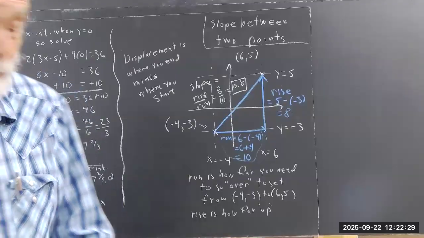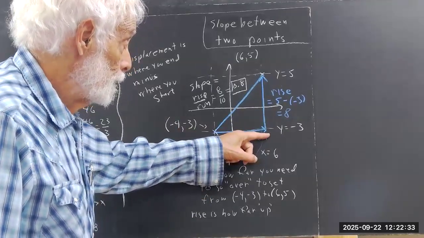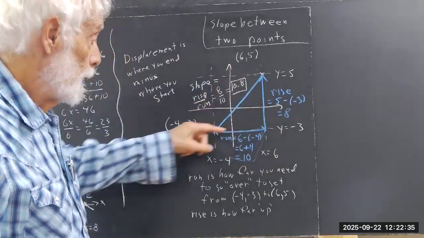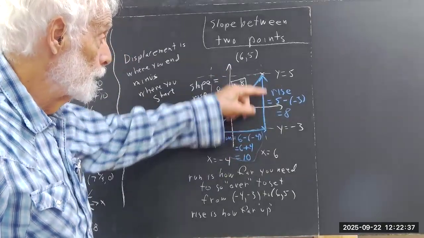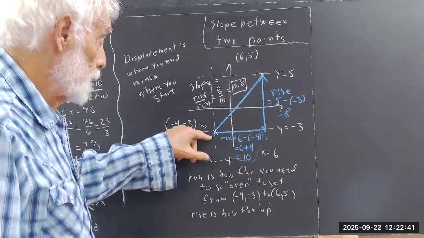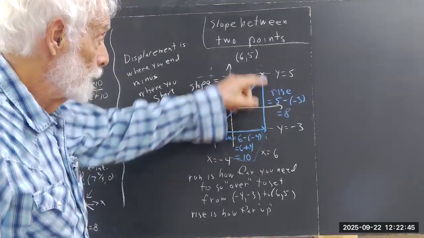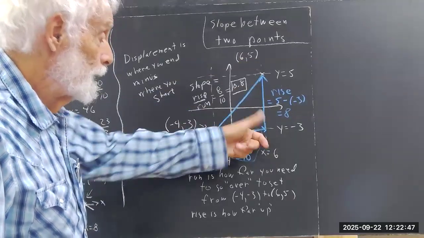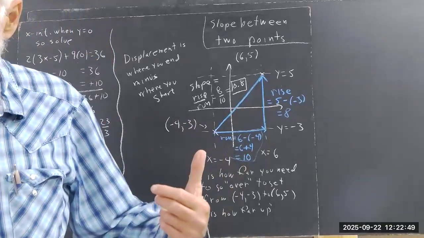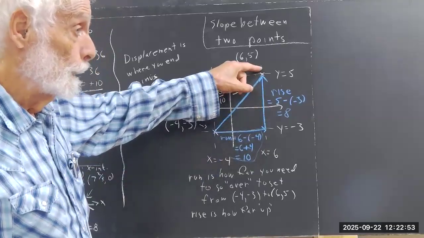I see an arrow that goes horizontally, followed by an arrow that goes vertically. That's a path you could follow from here to here. Now, if this arrow is pointing to the left, I can't follow it. So I can't get from this point to this point by moving to the left, can I? I've got to move to the right and then up.